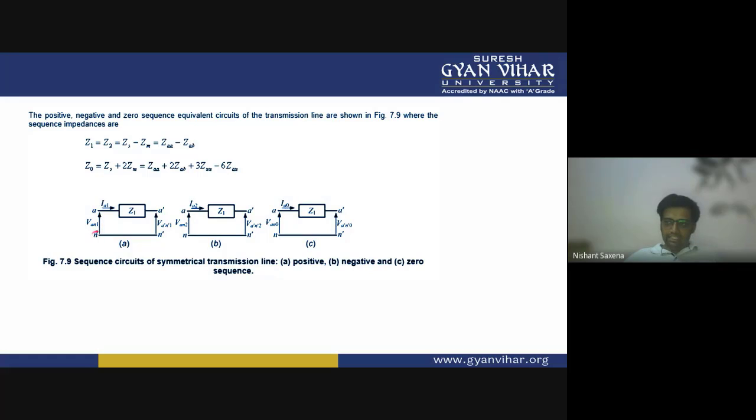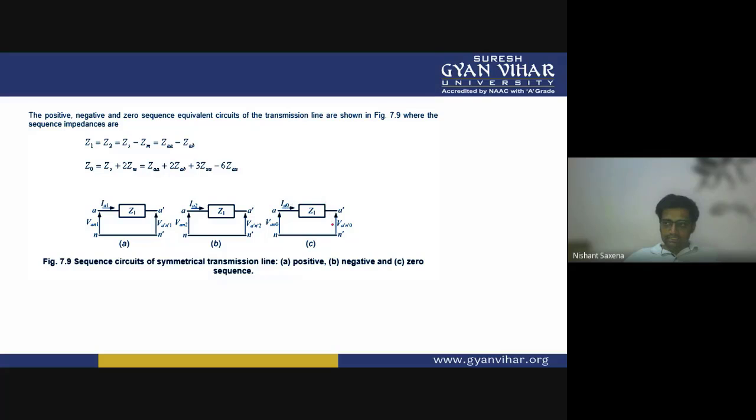This is VAN1, the positive sequence symmetrical voltage for phase A to neutral, and this is another port, port 2. Similarly, for the negative sequence, we have VAN2 and the second port of the sequence circuit.